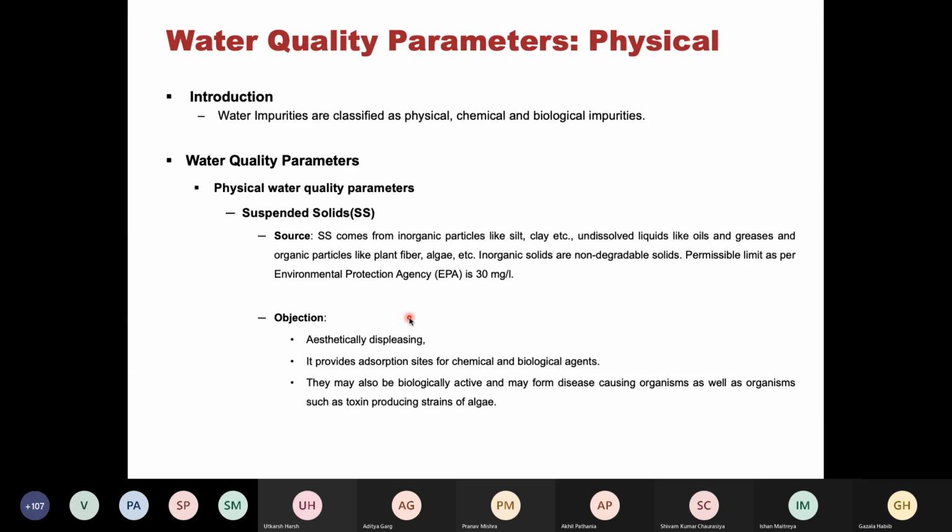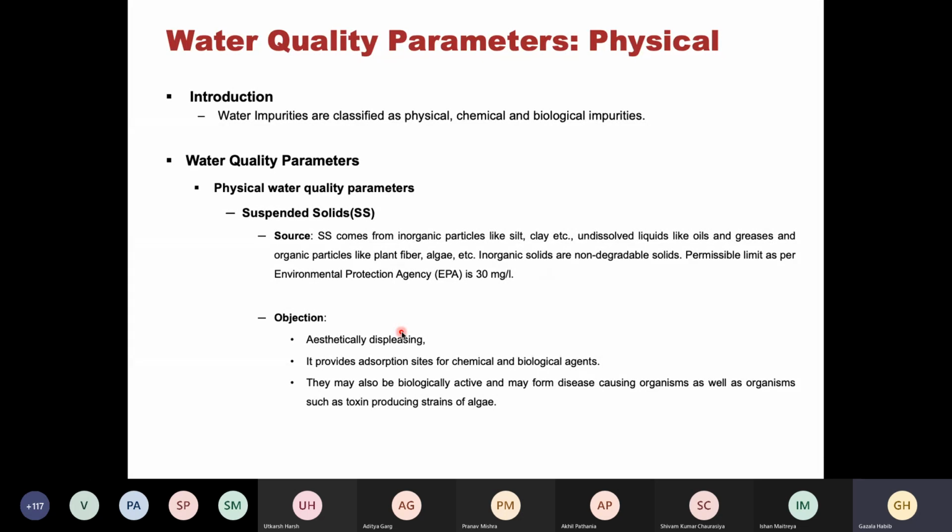So then what we can do, we can take the pre-weight of the filter, and then after filtration we can dry the filter at a certain temperature, a very low temperature, and then again take the post weight of the filter to know the amount of suspended solid. This suspended solid is objectionable because when you are drinking the water, it doesn't look good.